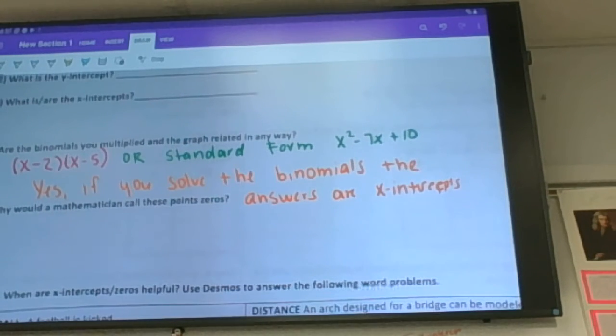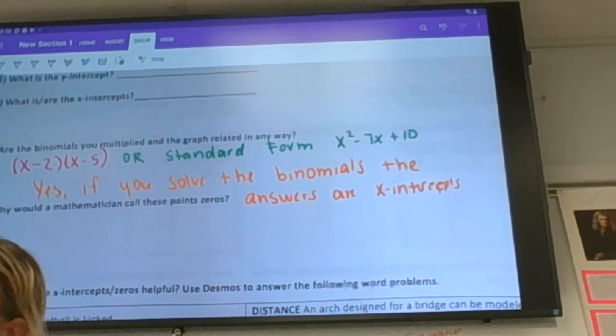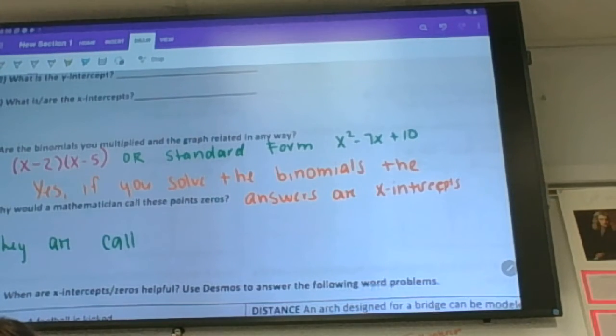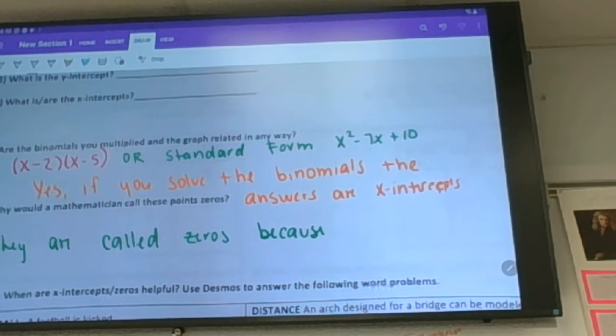Why would a mathematician call these points zeros? These are actually called the zeros of the graph. Why are they called zeros? Well, look at the ordered pairs. Look at the intercepts. What's always true about intercepts?